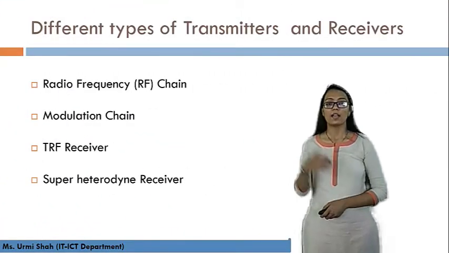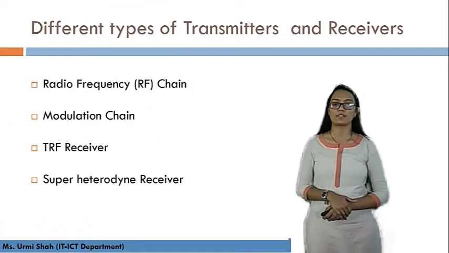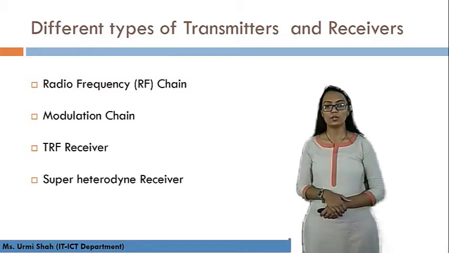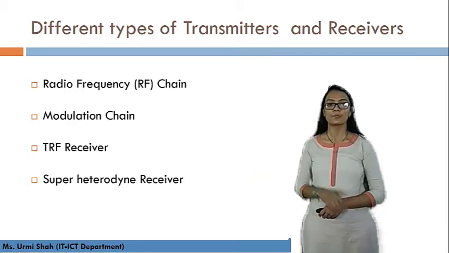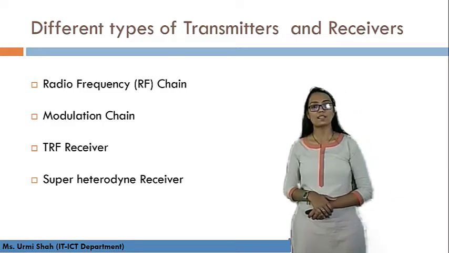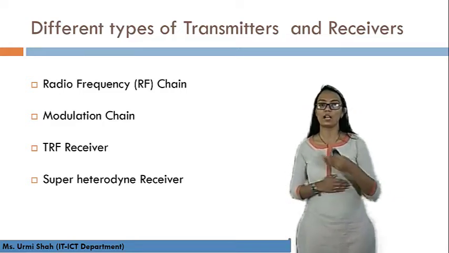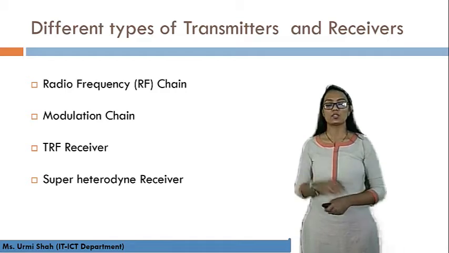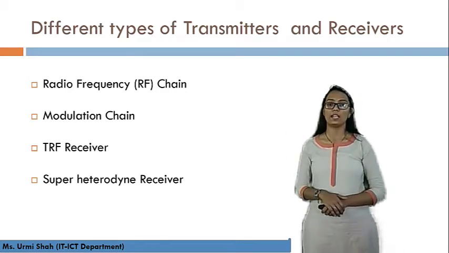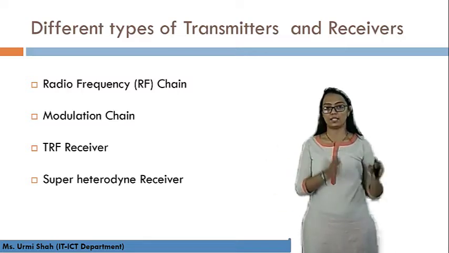Basically, the different types of transmitter and receiver blocks involved in the radio communication section are, first, the radio frequency chain. Now what does this RF chain do? It converts the signal which is given as an input signal or message signal into an RF signal.